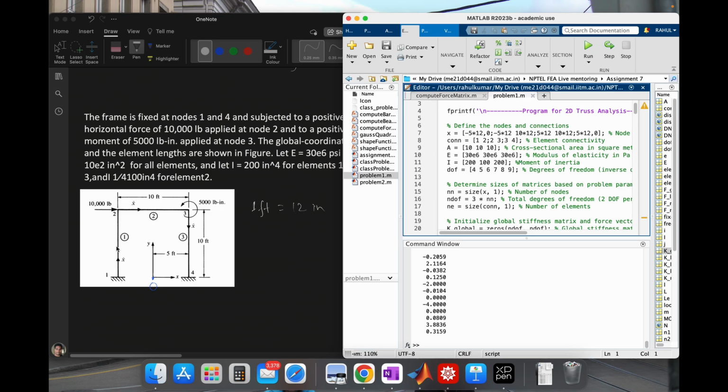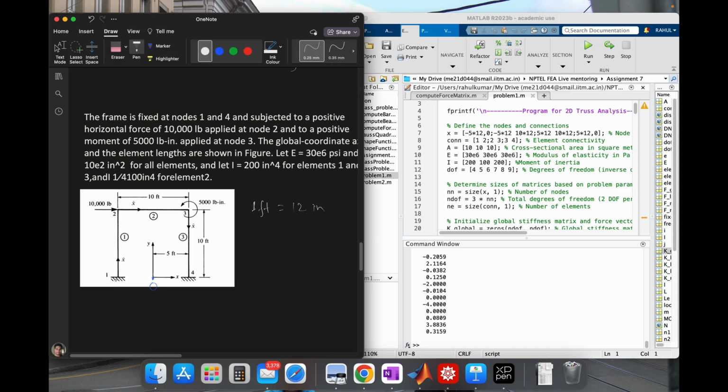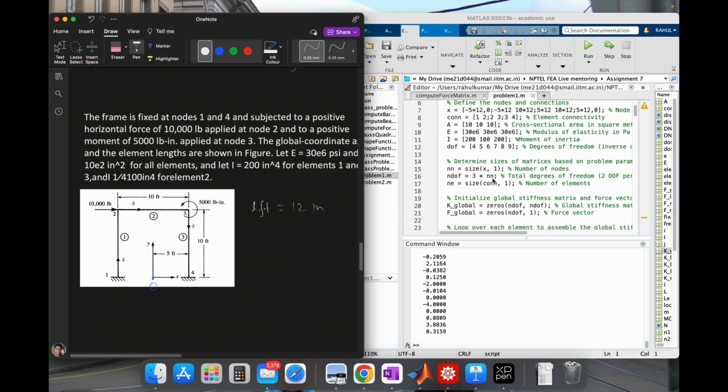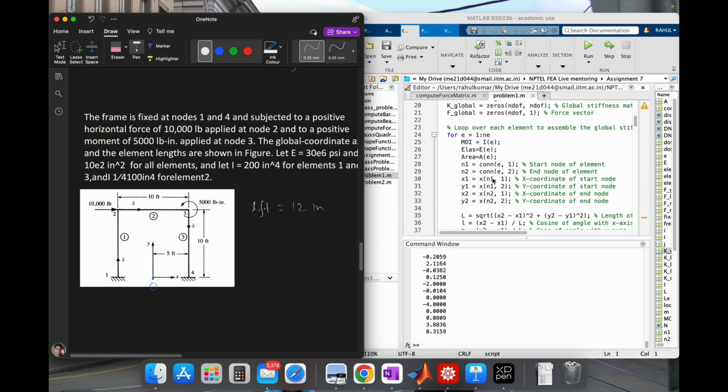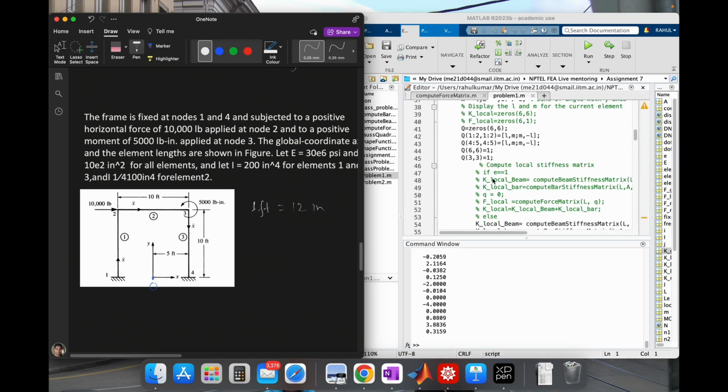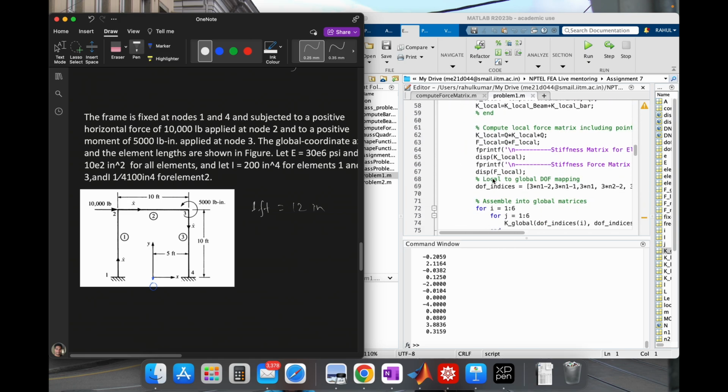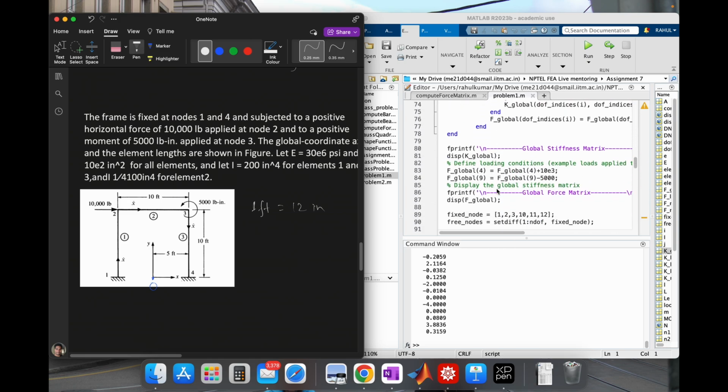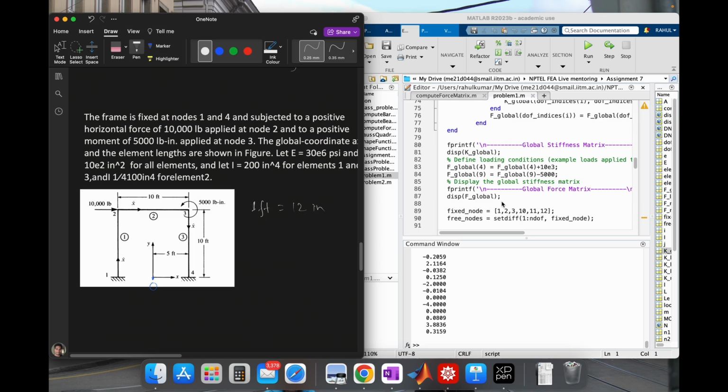For this node the degrees of freedom are 1 2 3, here it is 4 5 6 and 7 8 9. Since this one is fixed, I have not written it here. All these entries are the same, nothing we have to do, only one thing we need to change: the boundary conditions.